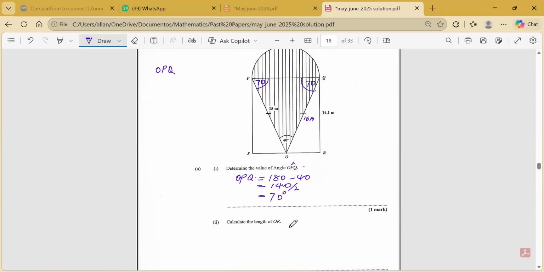Somebody tell me now. That is a right angle triangle. Pythagoras. Yes, Pythagoras. So using Pythagoras theorem.